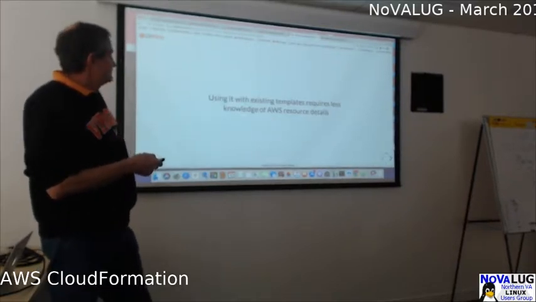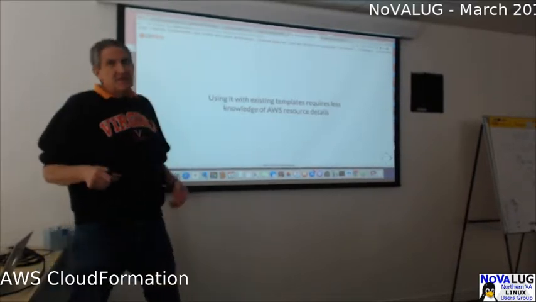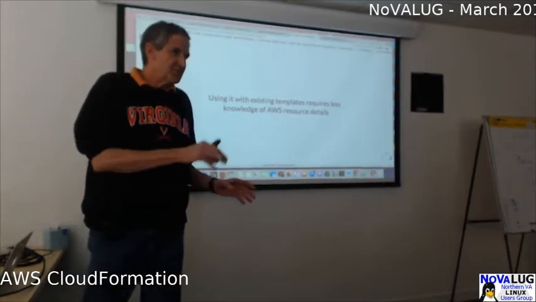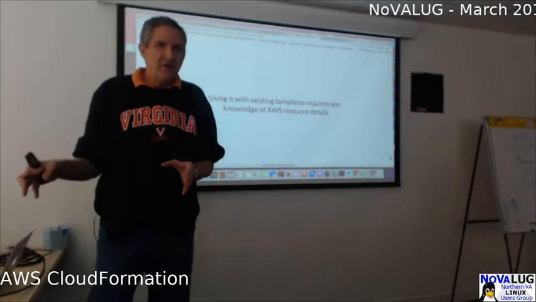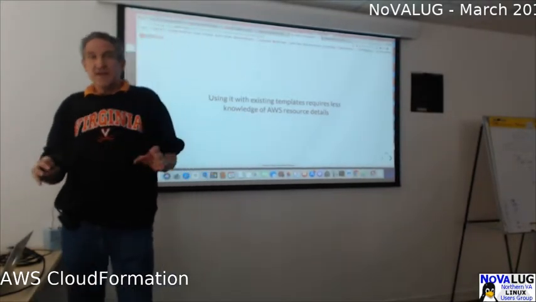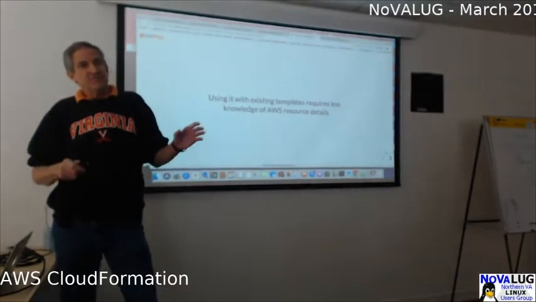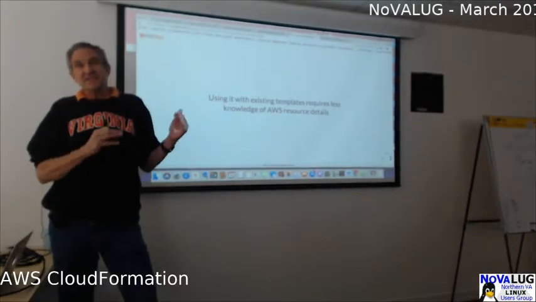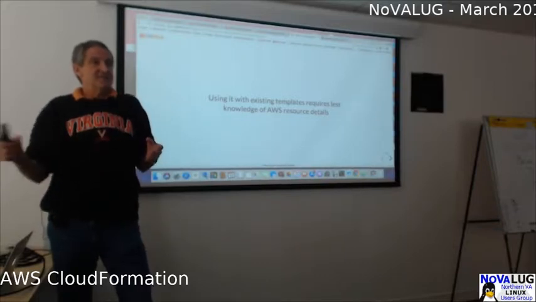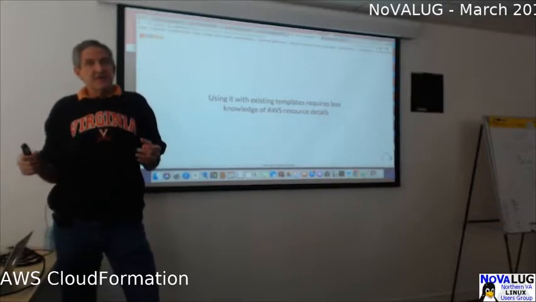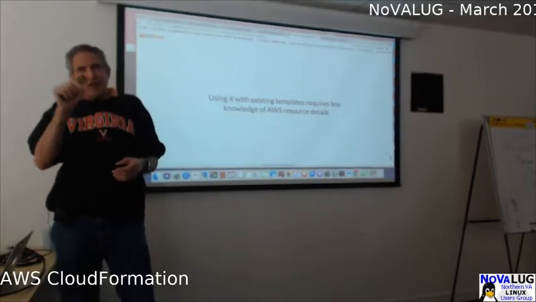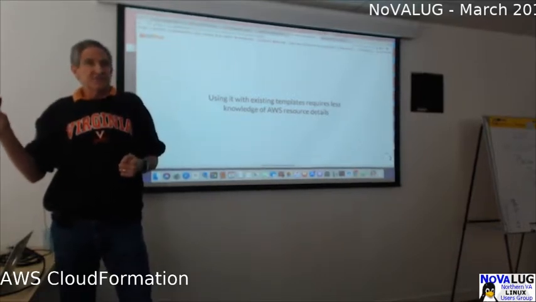Now, this as well. It is not trivial to make a big old deal. Subnet security groups, route tables, ALBs, EC2, ECS clusters, that is not a small thing to do all that. So finding an existing thing that does something similar to what you want and then evolving that will be 100 times easier than starting with a blank slate and saying, drag and drop, I'm going to put me some stuff in here and build an environment.